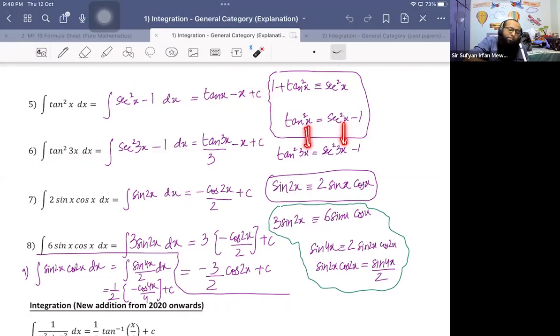So tan square 3x will be identical to sec square 3x minus 1. The integration of sec square 3x is tan 3x upon 3, because the differentiation of the angle is also divided. The integration of 1 is x, and we'll take plus c as well because we are dealing with an indefinite integral.